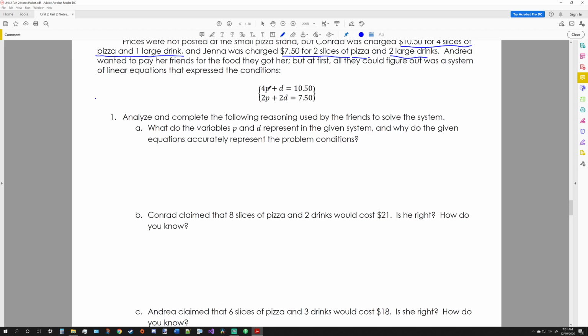So these variables have to be represented in dollars so that we can end up with dollars. And so we want to be specific here. P is the price of 1 slice of pizza. And that's why in that first equation it's being multiplied by 4, because there's 4 slices. And then D is the price of 1 drink.